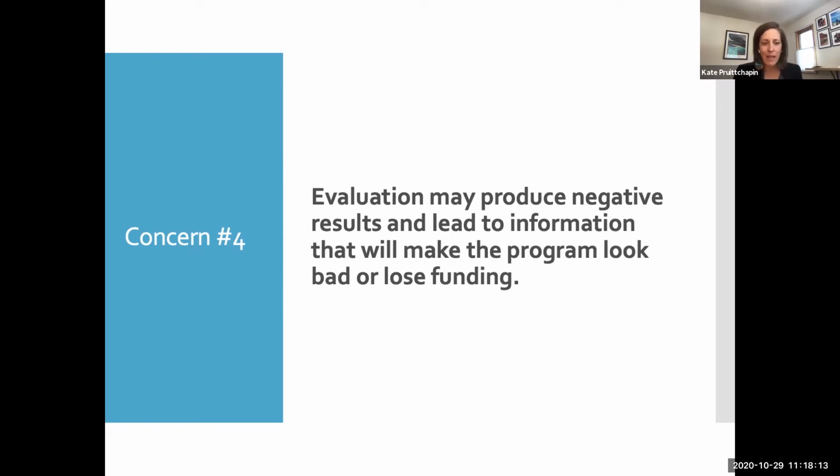But you might also encounter successes, and both of this information is really important. So, I think it's hard, especially when we're in sort of a scarcity mindset in our agencies. It's hard to say this idea that we're going to find out negative things that are going to impact our funding.